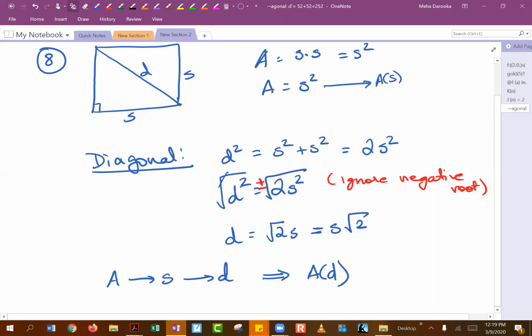Jacob? What are you thinking? How are you going to make that transition from A to s to d? To use the s times the square root of 2, the one that you're going to use to substitute your A. You can. So what would you end up doing then? How do you plug in, like, the A for s? Is that what you're trying to do?